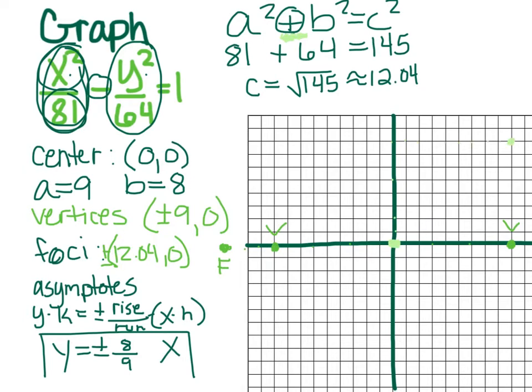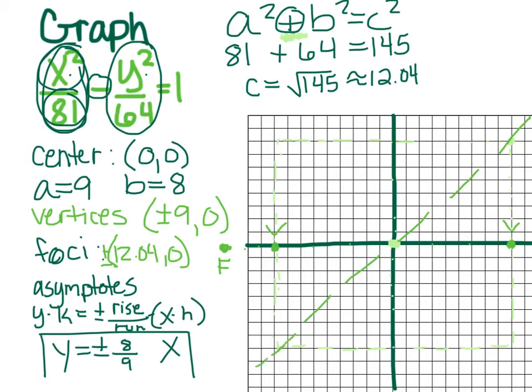Now, some people like to draw a little rectangle. It's not required, but if it helps you, then you're welcome to do it. This little box here tells you the corners where your asymptotes go, just like this.